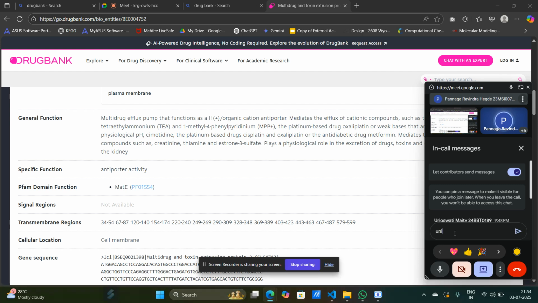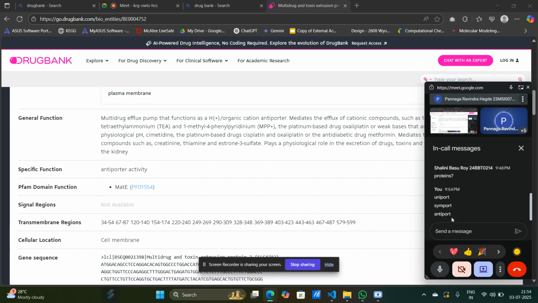So you have something called uniport, something called symport, and then you also have something called antiport. Please look into what these three kinds of transports refer to. It's basically different types of transports where molecules get transported from the outer region of the cell to the inside of the cell.